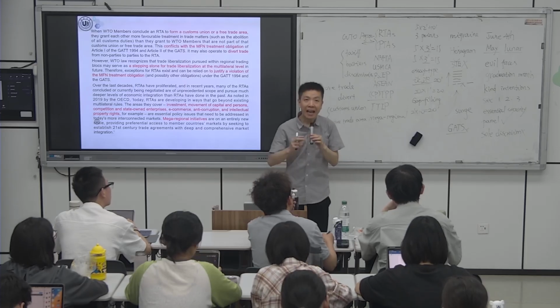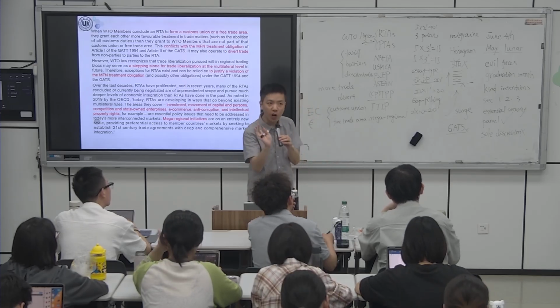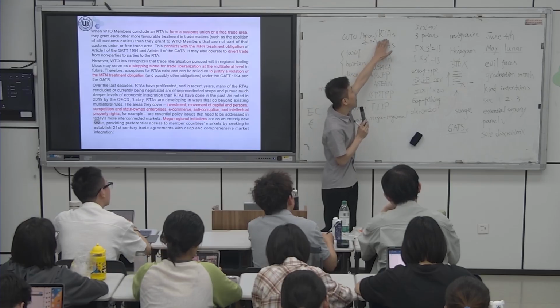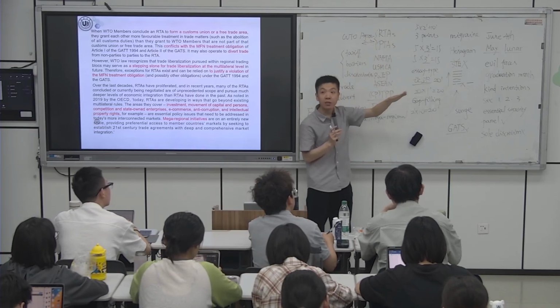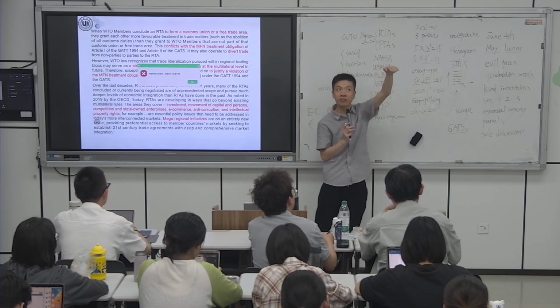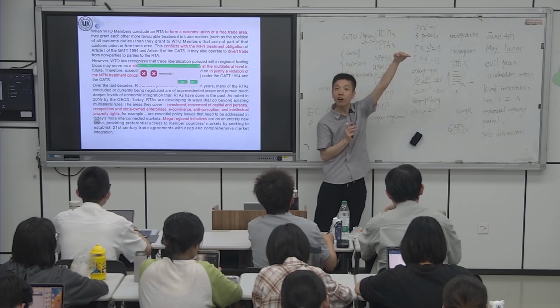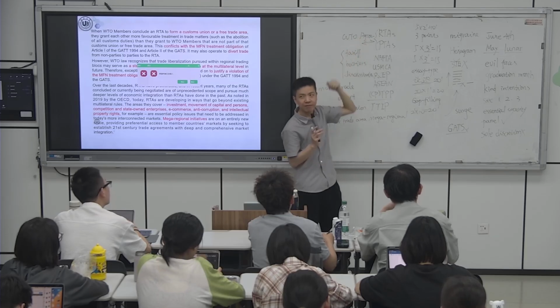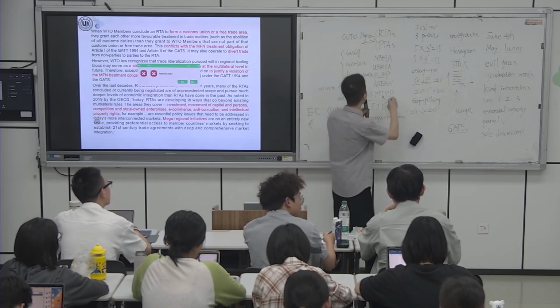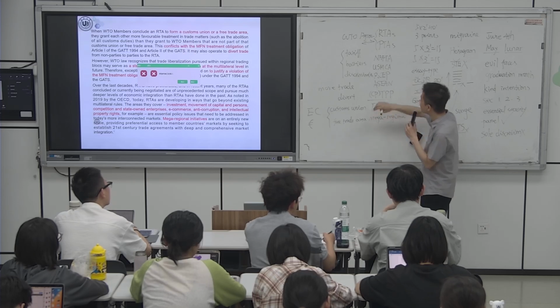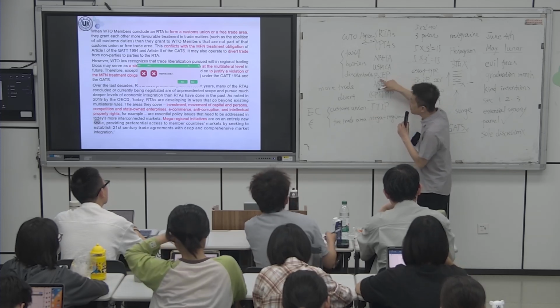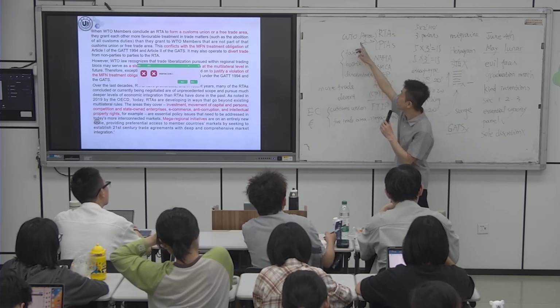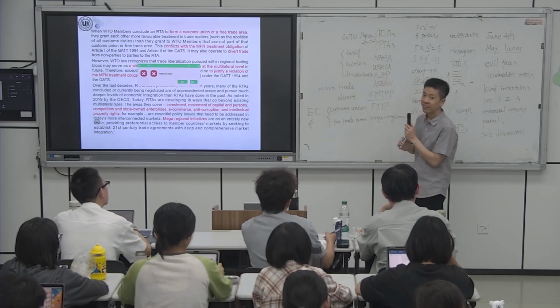Again, can the integration of economy within an RTA become a stepping stone of a multilateral trade agreement? Let's change, for example, the provisions in RCEP into a multilateral WTO agreement. Is it possible?